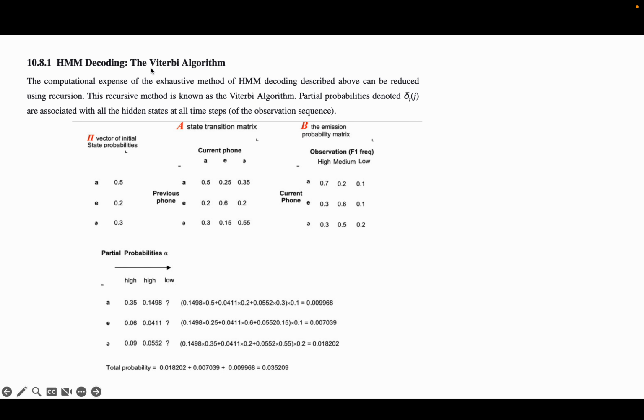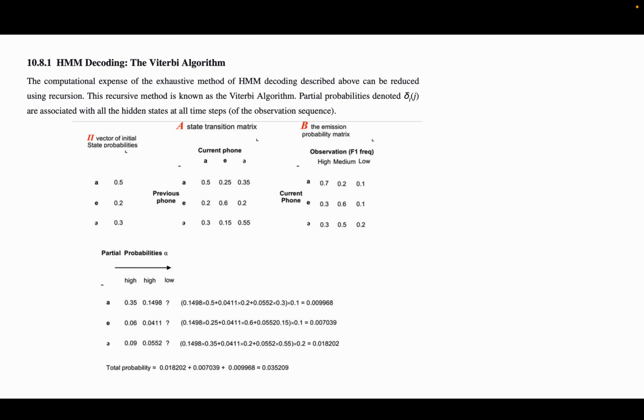This is called a Viterbi algorithm because it is recursive. It is slightly less computationally expensive than the forward algorithm.